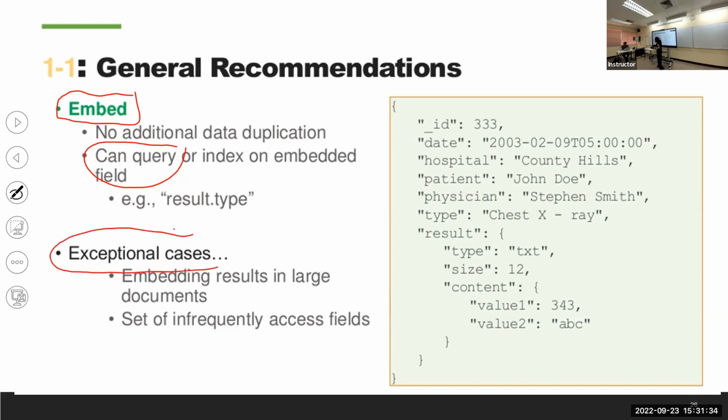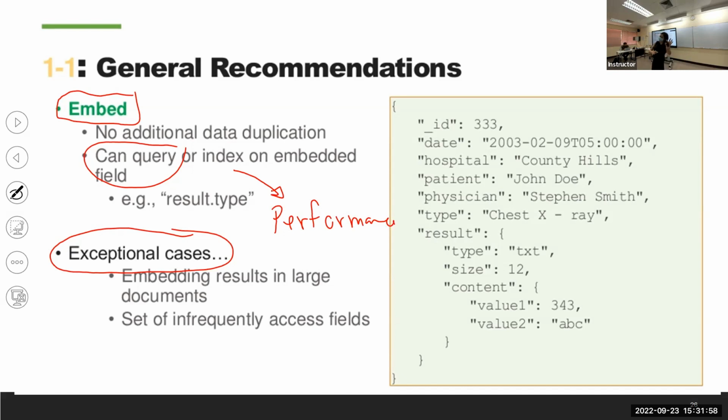Exceptions or some limitation. If you embed everything, and when your data is huge, it could result in a very huge document. Okay, so both can result in performance issues. It depends. Joining a lot can lead to inefficient query, right?